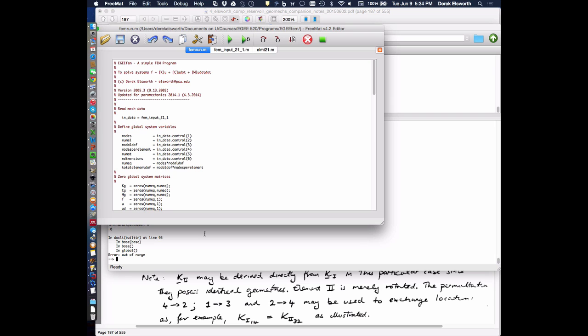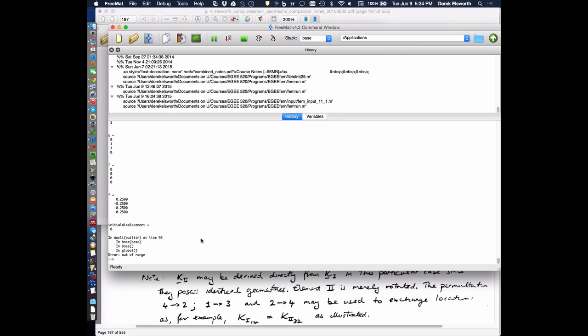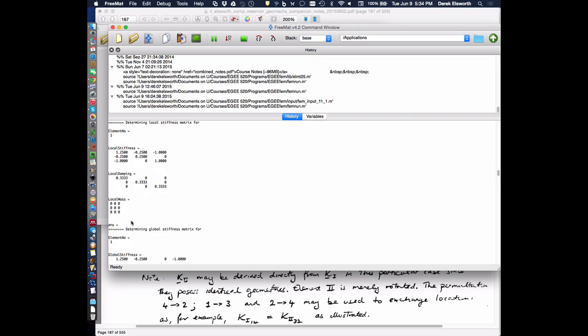So we run it. You can see at the bottom. Without belaboring the point, it's probably useful to look at the top. We have a local conductance matrix, which is 3 by 3. Don't care about the damping.